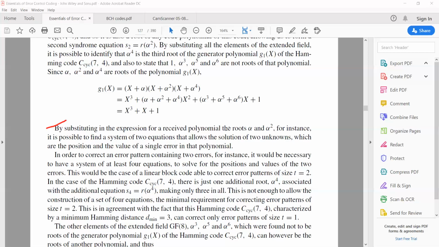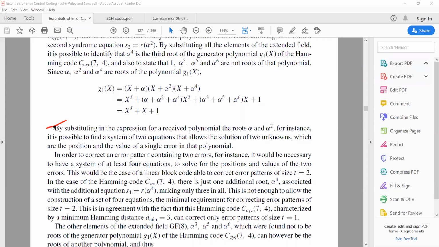So that is basically written here: by substituting the roots alpha and alpha square in the expression for the received polynomial, it is possible to find a system of two equations that allows the solution of two unknowns.